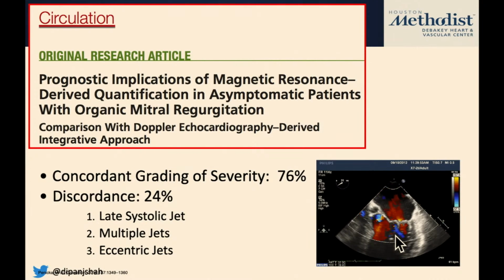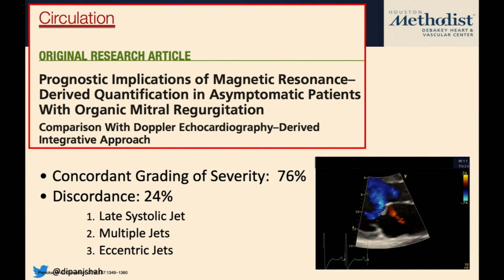Another was in patients who had multiple mitral regurgitation jets, where it can be hard sometimes on echocardiography to summate the total amount of mitral regurgitation. And the third was in patients that had very eccentric mitral regurgitation jets, as in the example patient that we started off this lecture with today.